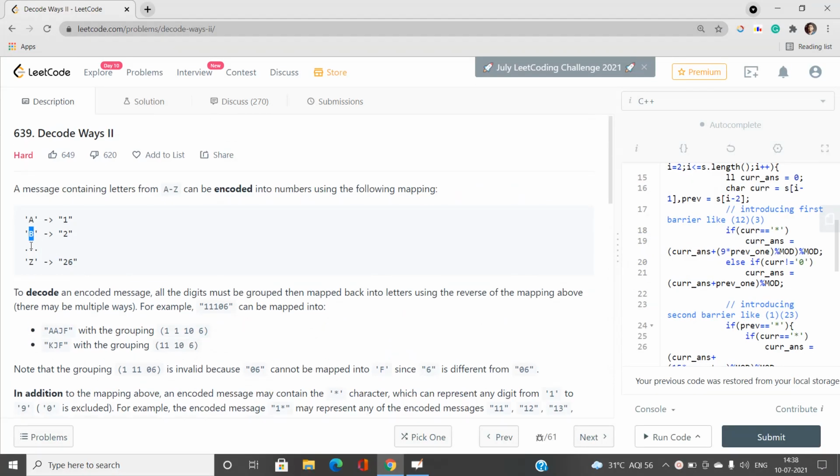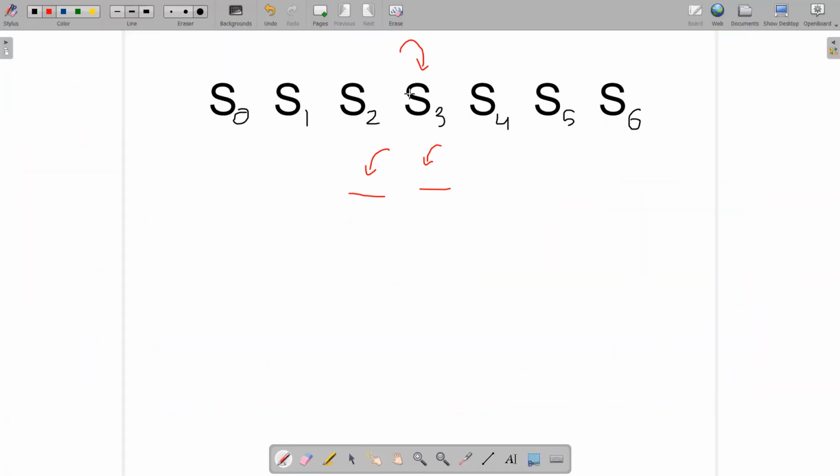On the left-hand side we have A to Z, but we have been given a numeric string, so its length can vary from 1 up to a maximum of 26, which is a string of length 2. It means that to answer the current state, if we have been introduced a character over S3, we need to know the values for all the substrings up to this one: the number of ways to decode S0, or S0 to S1, and S0 to S2.